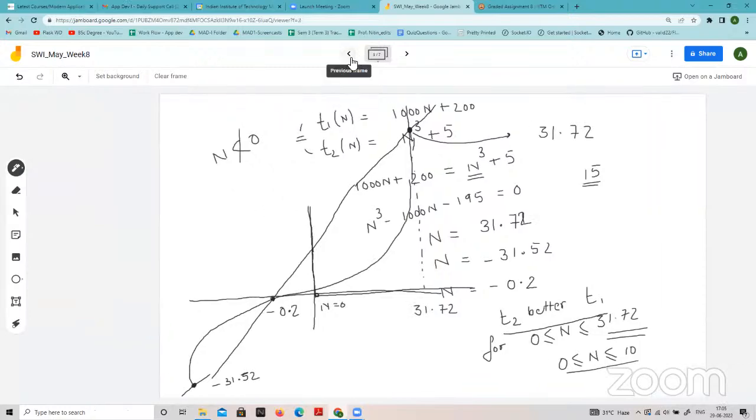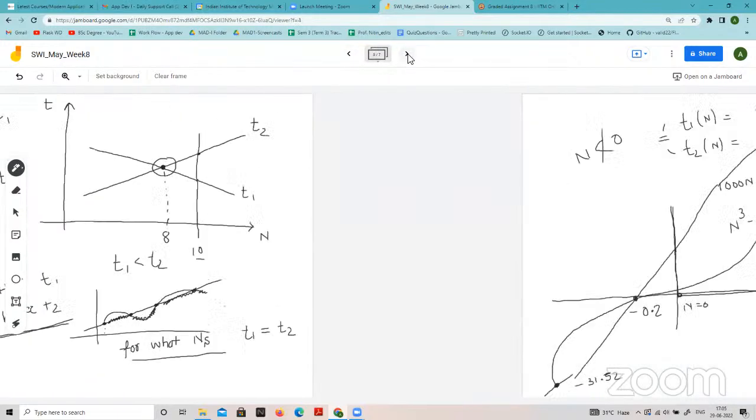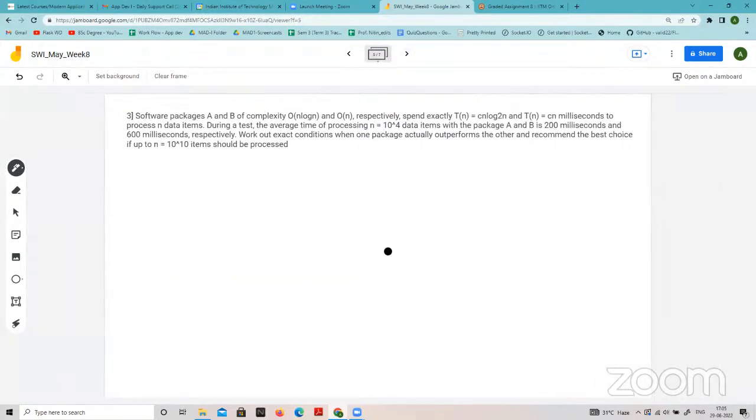This is one way, and this can be solved another way when other type of information is given. That is what we are seeing in this question. So what they have done is, there is T1, so I can write TA equals C n log, and this is not log 2n, this is log to the base 2 of n. This is base 2.